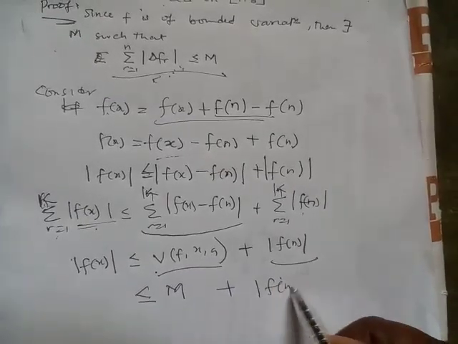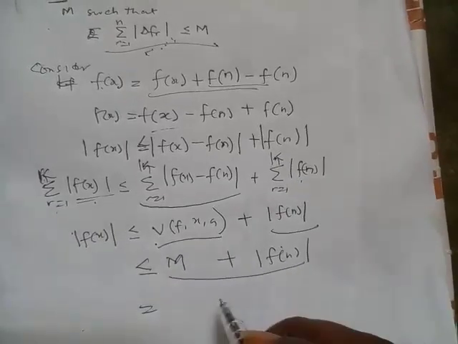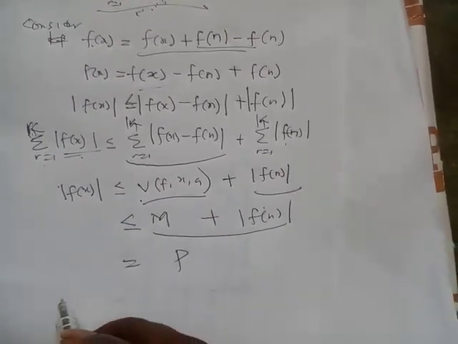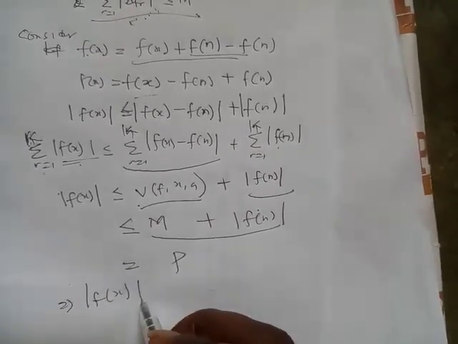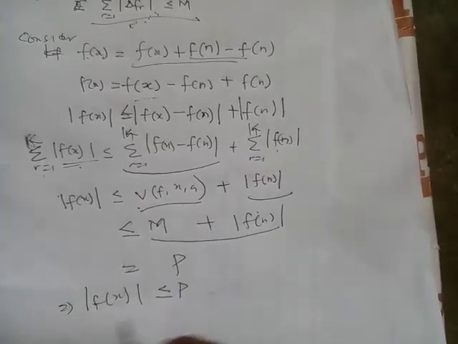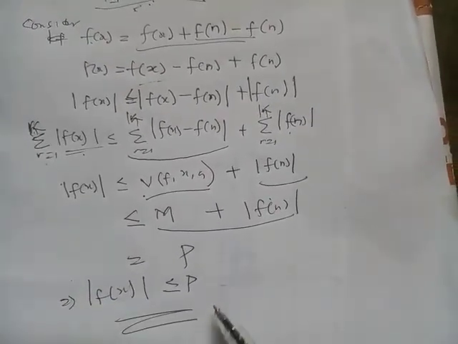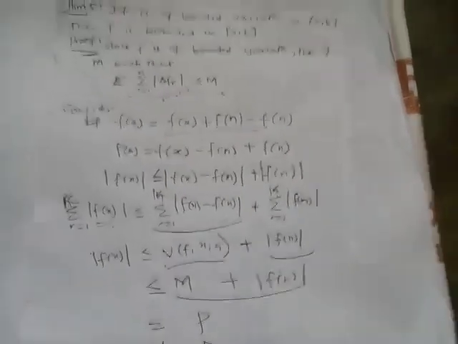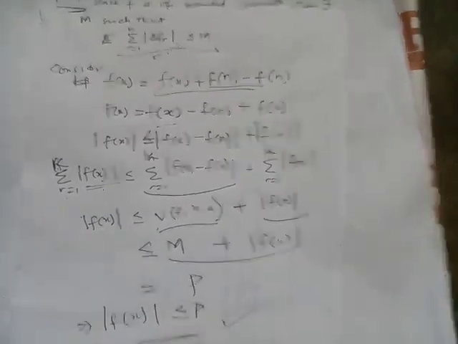Let's put it there, but it's constant, sure. So let me write the whole of this to be p. So we can now have that absolute value of f of x is less than or equal to p. So when we have this type of relationship, you see that this means f is bounded, and that completes the proof.